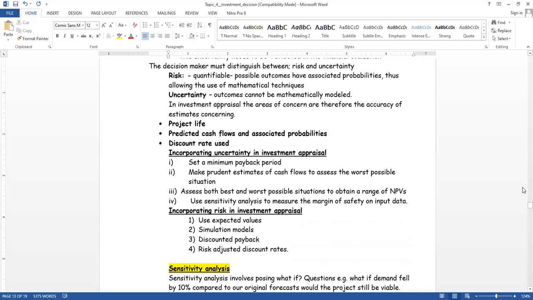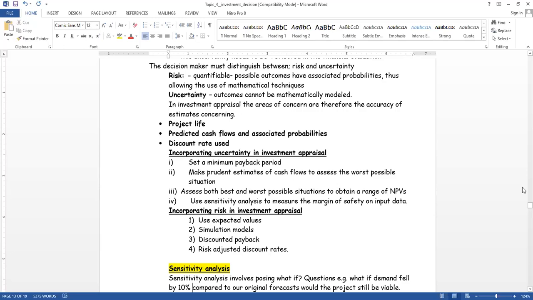Because you find that there is concern as regards the accuracy in estimating maybe the life of the project, also the cash flows that you are expecting to get, and even maybe the discount rate used, because you may find that maybe you are using the cost of capital.